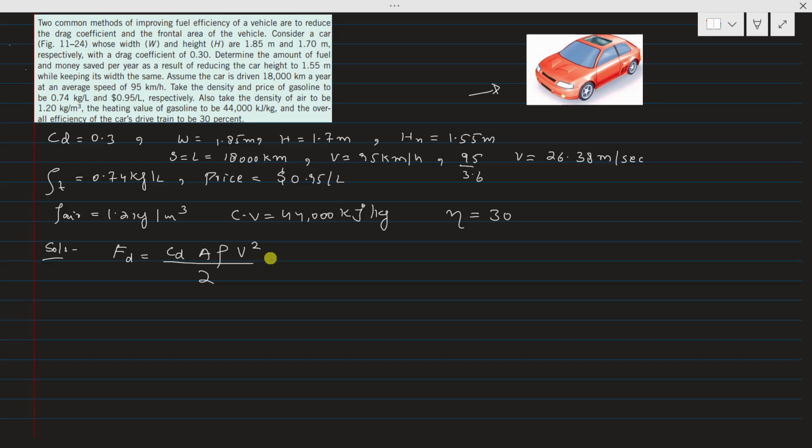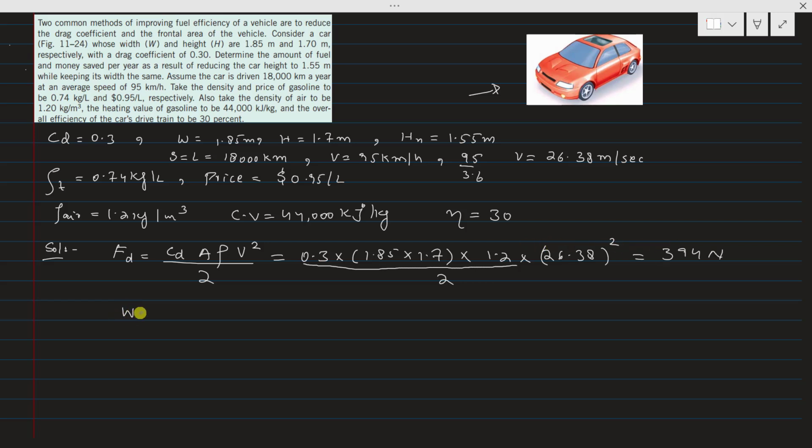Density means the density of air, so it is 0.3 multiplied by the area, which is 1.85 multiplied by 1.7, times the density of air 1.2, times the speed of the vehicle 26.38 squared, divided by 2. After solving, you will get the drag force, that is 394 Newton.